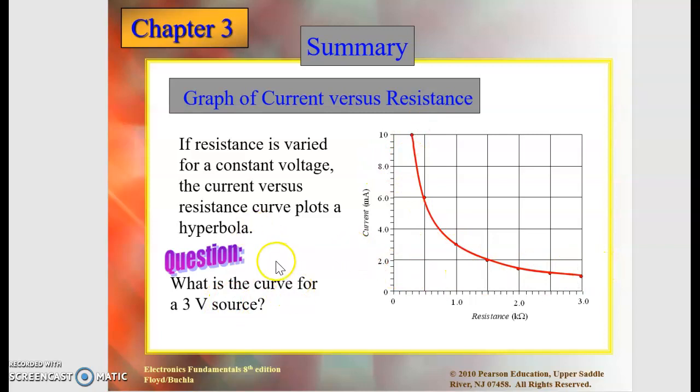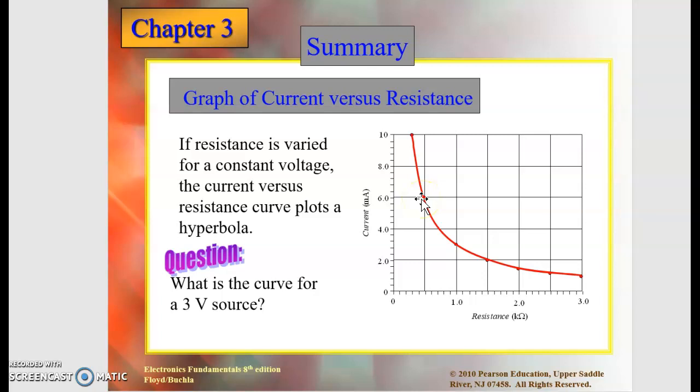What this means is that you keep varying the resistance, or the resistor value, and you keep taking measurements of the current as long as you keep the voltage constant.